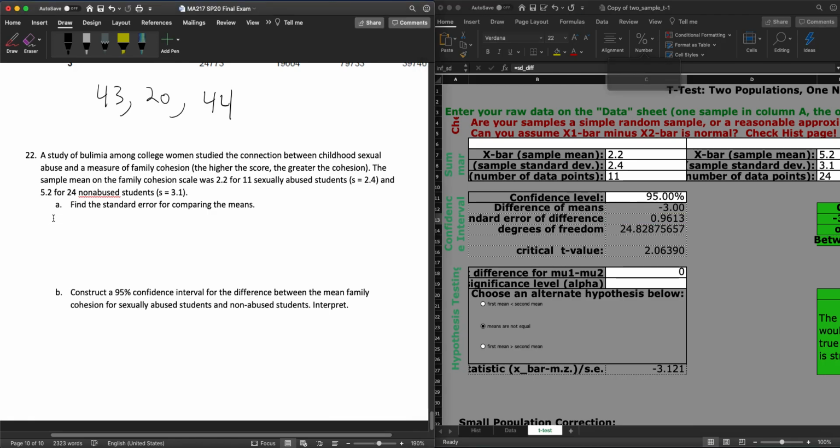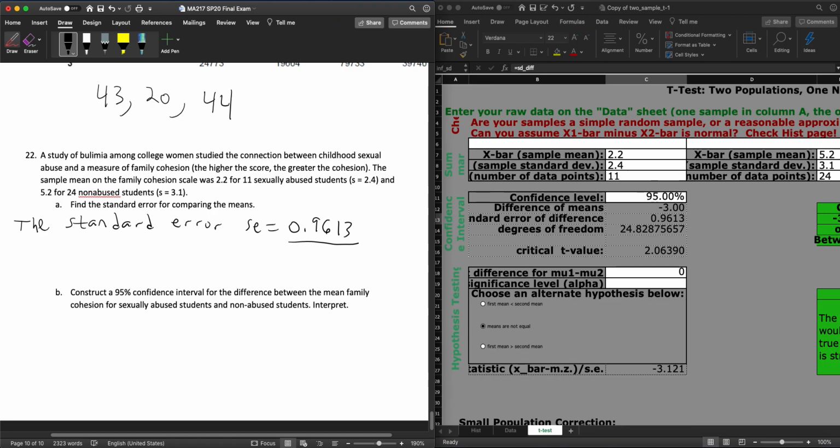So the standard error denoted by SE is 0.9613, 4 decimal point values.